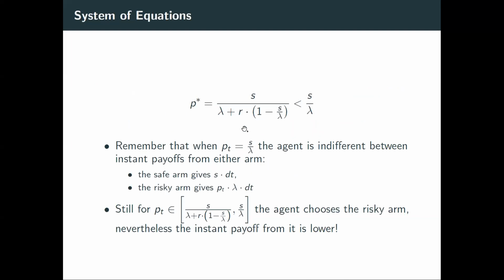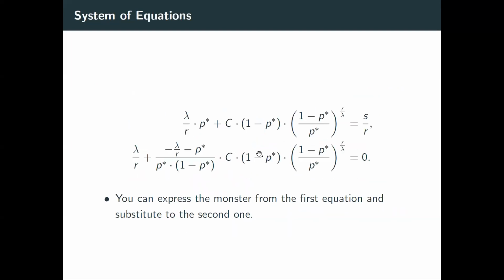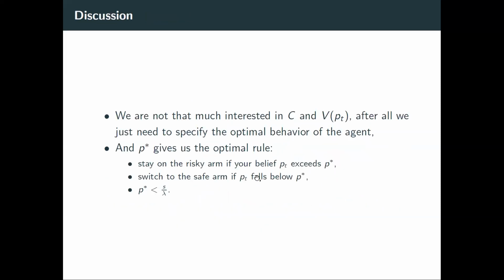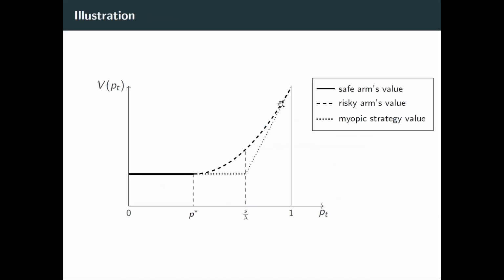Because when we have this system of equations, it uniquely pins down P star and C, and therefore it uniquely pins down the value function itself. And here the whole value function is illustrated with this pinned down constant C. And it turns out it looks like that.